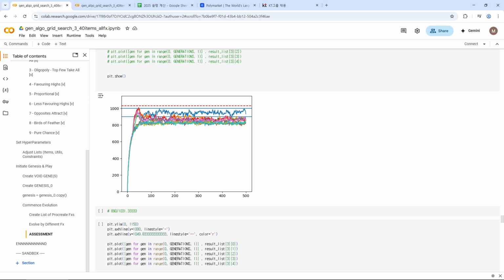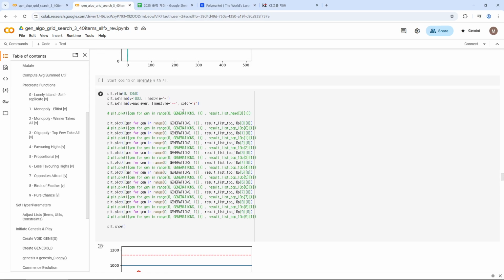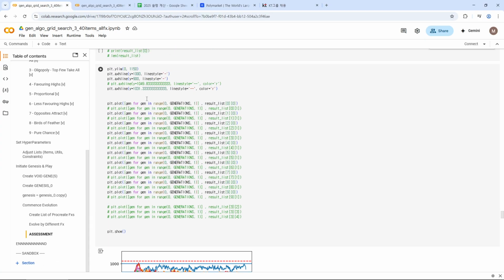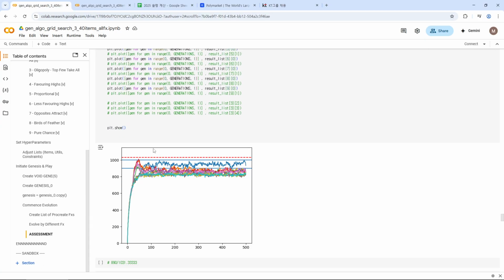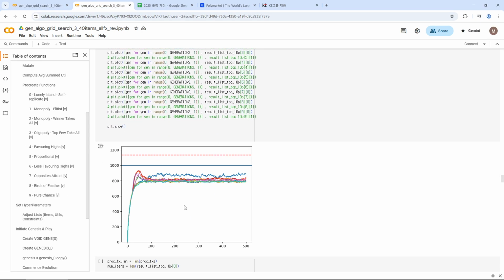This one looks more volatile because the limit for the y-axis is not 1250, it's 1150, and therefore these lines just seem to oscillate more. If I change it, it will look a lot more like this. Not exactly the same in terms of magnitude for the oscillations, but quite similar.